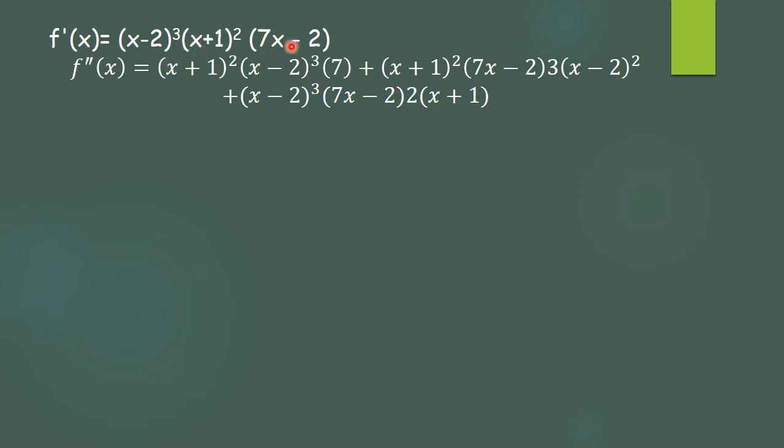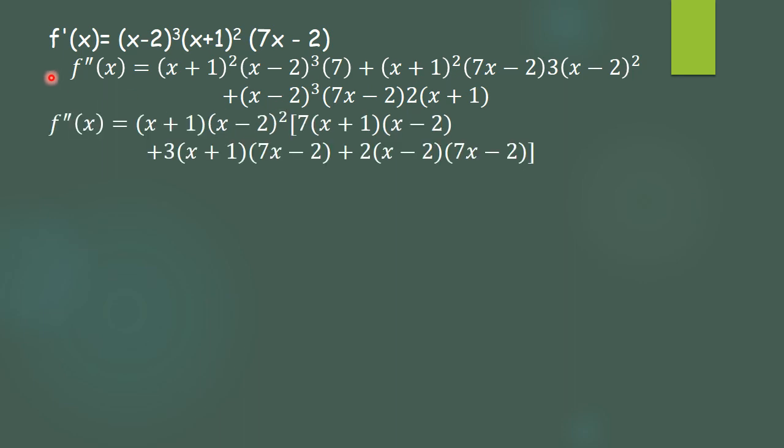Then we take the derivative of (x minus 2) whole cube, which is 3(x minus 2) whole square, keeping (x plus 1) square and 7x minus 2. And then the derivative of (x plus 1) whole square, that is 2 into (x plus 1).